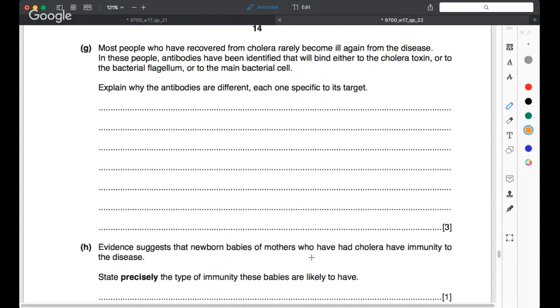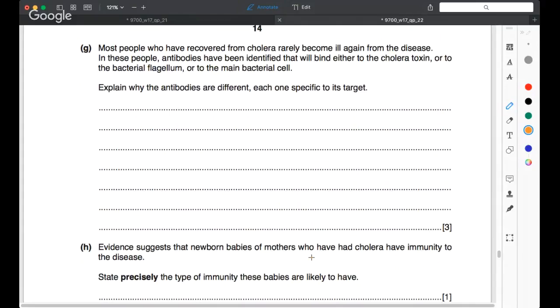Okay, so you get 2 marks there. 1 mark for saying that you've had complementary antibodies. Another mark for saying that those antibodies are complementary to the different things. Mm-hmm. For your last mark, they want you to focus on explaining why the antibodies are different.